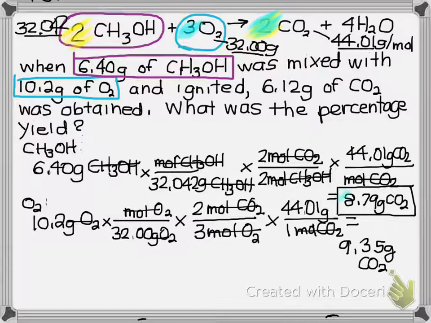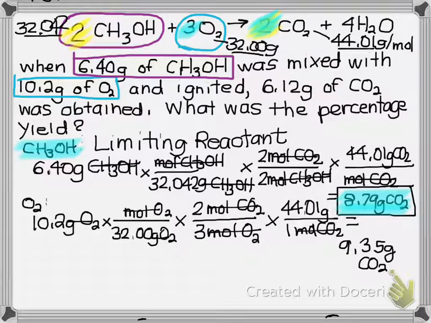So this right here, because it's the smaller amount, is my theoretical yield, which makes the methanol, because it produces the smaller amount, the limiting reactant. So when you have a limiting reactant problem and you compare the amount of products that each one makes, the one that makes the smaller is always the limiting reactant, and that makes this right here the theoretical yield.